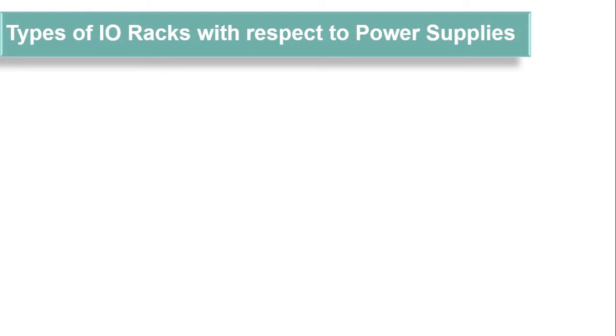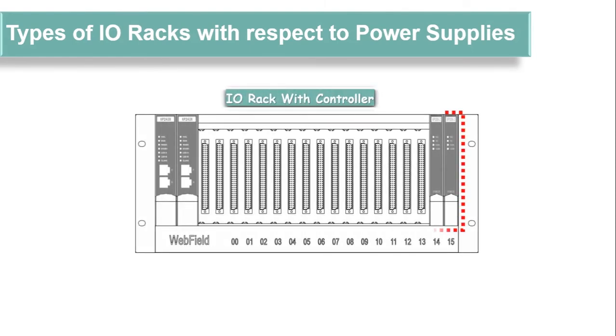Now let's see the types of IO rack with respect to the power supply. First one is the IO rack with controller. It contains the narrow panel power module XP258-2, which has the same width as all other IO modules.